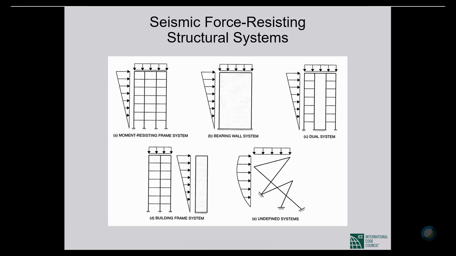Duals, in a dual system, we combine shear walls and frames in a particular way. If you have shear walls and frames in the same building, and you analyze the shear wall frame building under lateral loads, properly analyze it, you will see that near the bottom of the building, almost 100% of the shear goes to the shear walls, with the columns carrying very little for you.